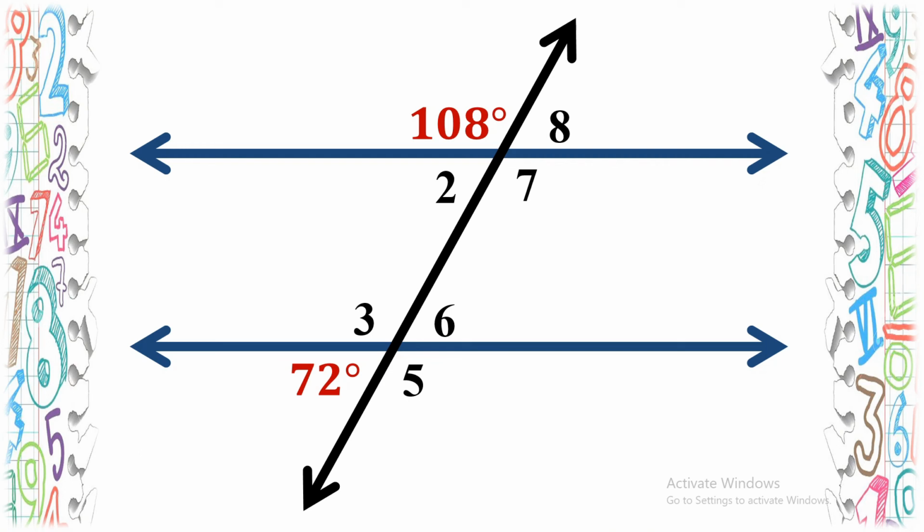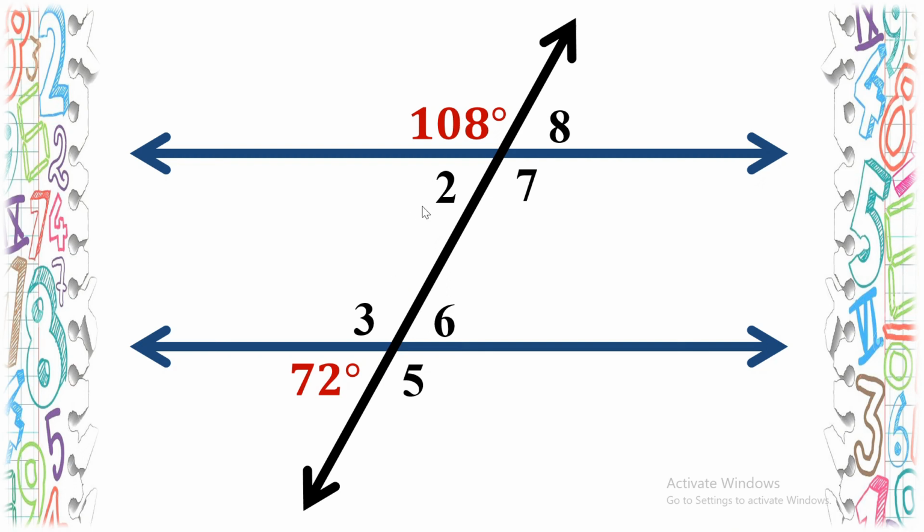But aside from angle 4, we can also give the measure of the other angles given only the measurement of one angle. So if we're going to give the measure of the other angles, let's have angle 3 first, because this angle and this angle 3 are corresponding angles.